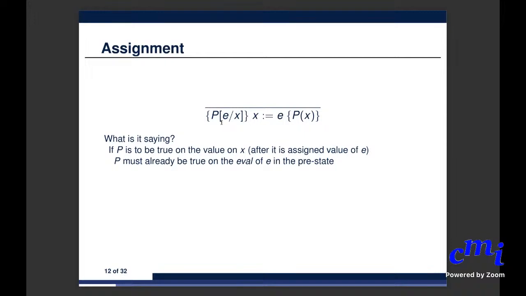So what it is saying is, if P is to be true on the value of x after it is assigned the value of E, P must already be true on that value in the pre-state. Because what does an assignment statement do? It evaluates the expression E with the values of the variables in the pre-state, and x is updated to be that value in the post state.